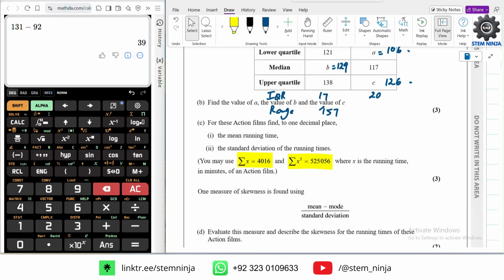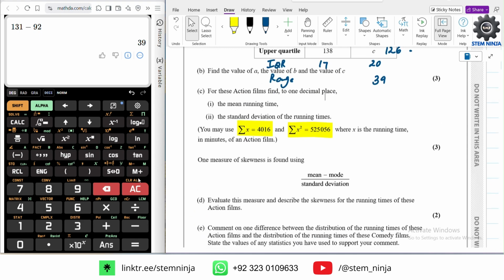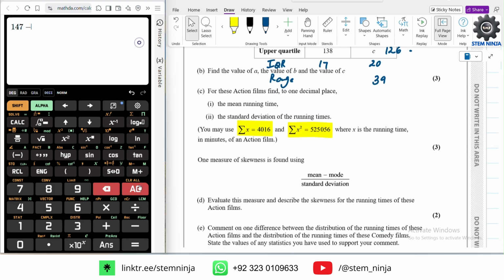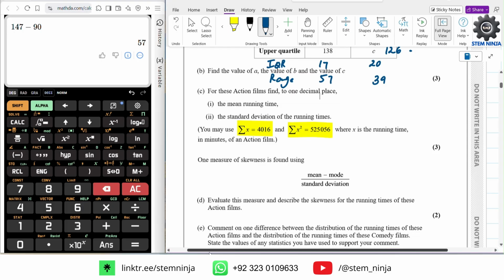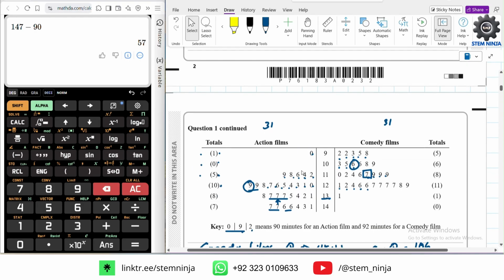Oh no, sorry, 57. 39. Let's calculate. Maybe I made a mistake somewhere. Why did I write 157? 90 and 147. Oh, okay. 57. Right, okay. So the range is higher for action films. So we have now three statistics to compare with.